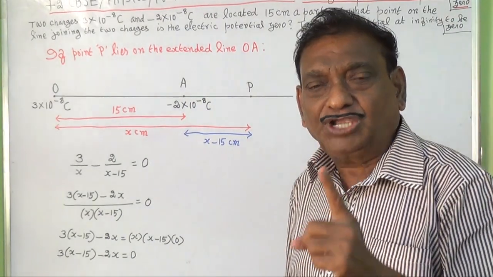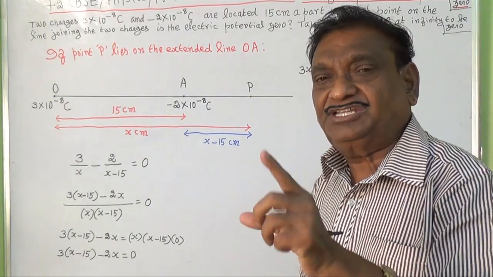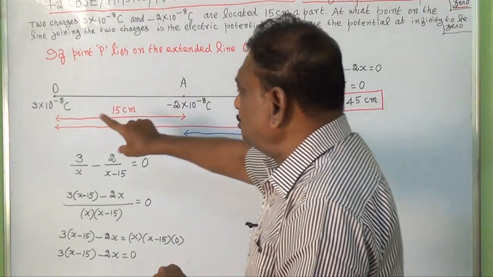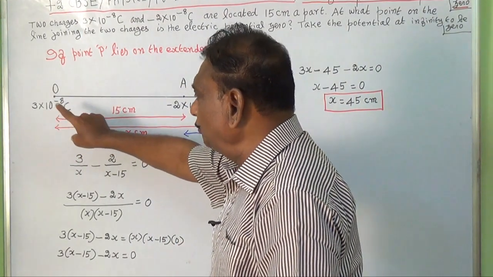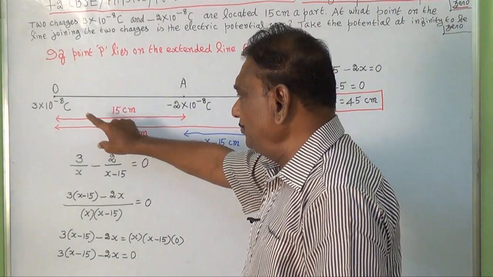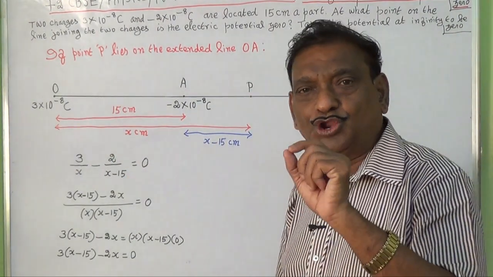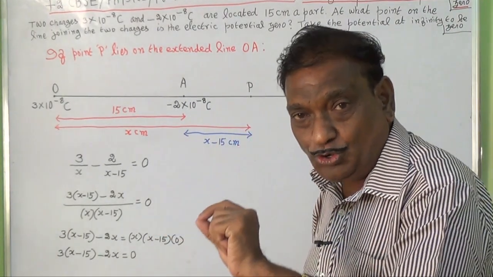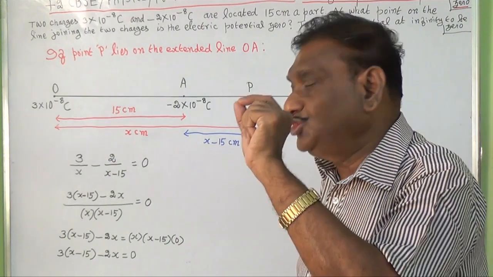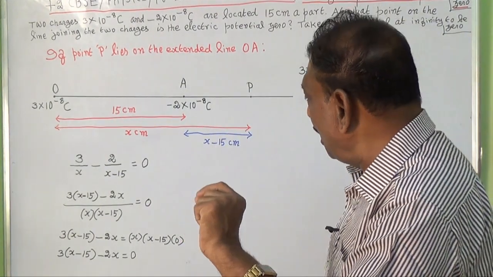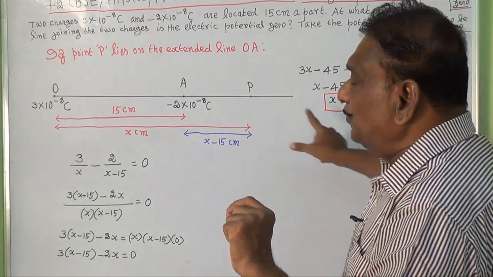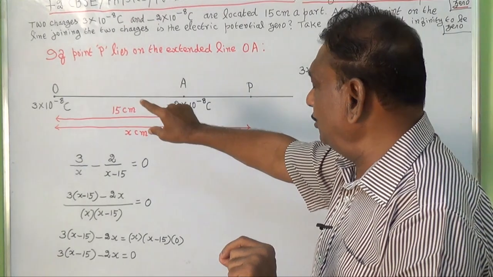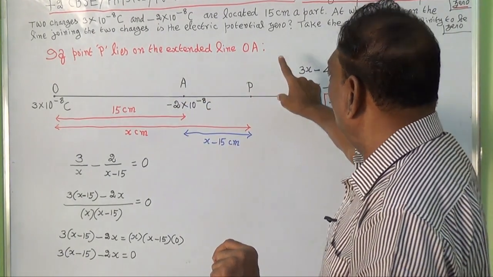From this, what we understand is at a distance of 9 centimeter from the positive charge, that is 3 into 10 to the power of minus 8 coulomb, the potential is 0 on the side of negative charge. Also, the potential is 0 at the distance of 45 centimeter from the positive charge 3 into 10 to the power of minus 8 coulomb on the extended line OA.